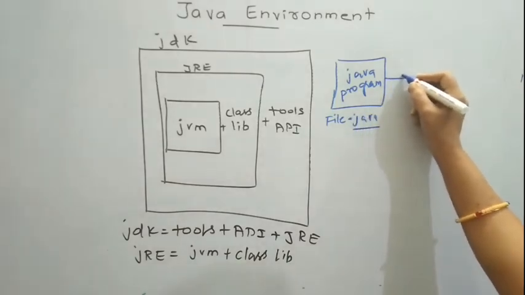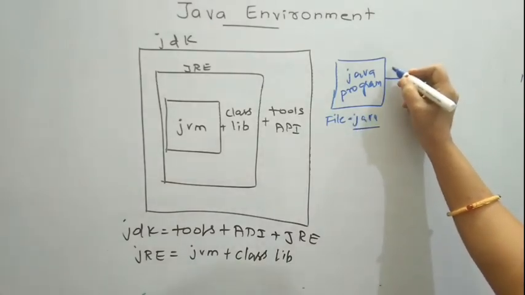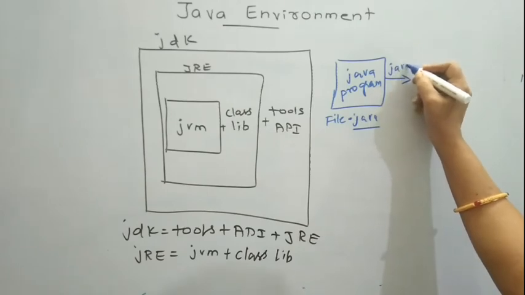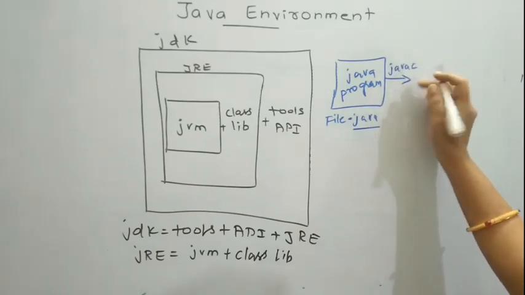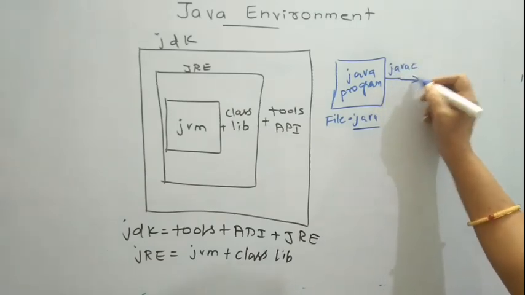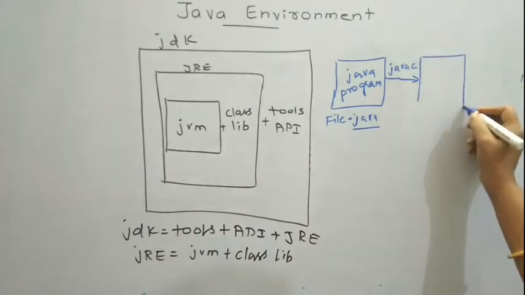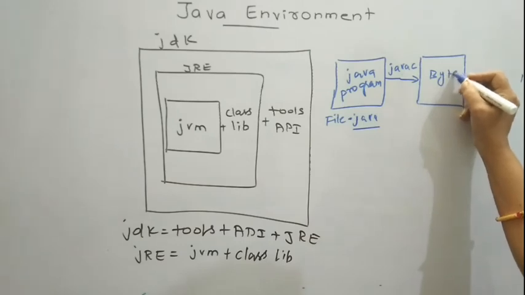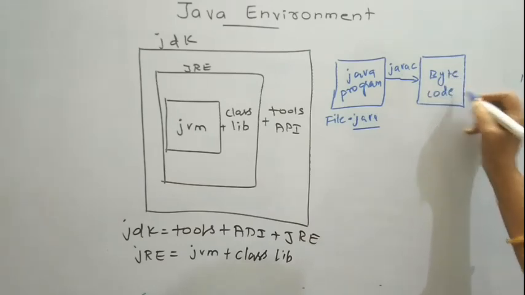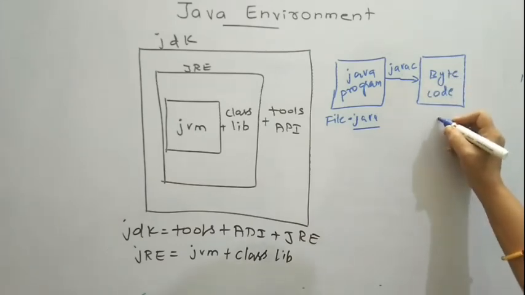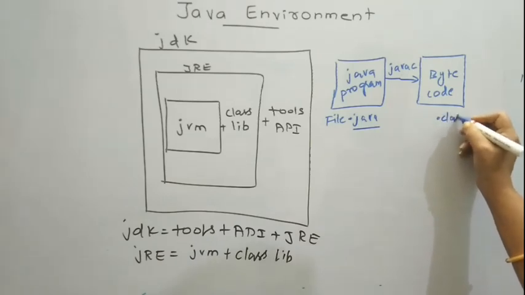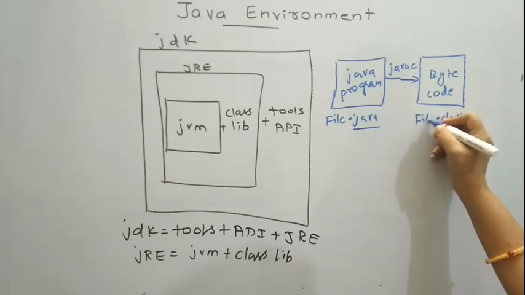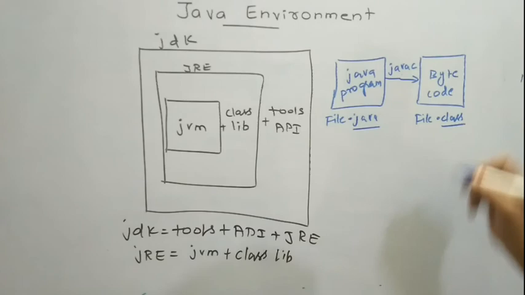To execute my Java program, we compile this Java program using the compiler javac. When the javac compiler compiles our Java program, it creates the intermediate bytecode. The file extension for intermediate bytecode is .class.